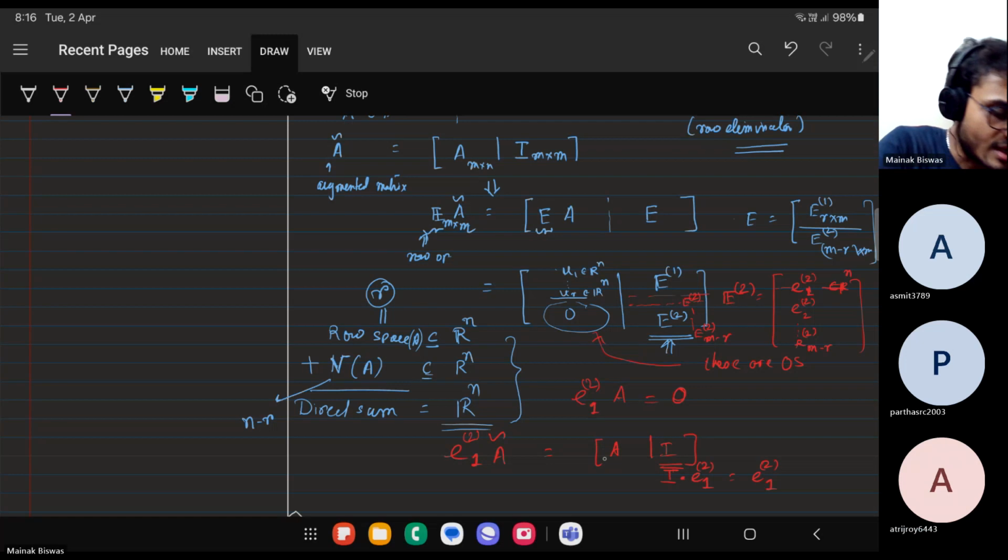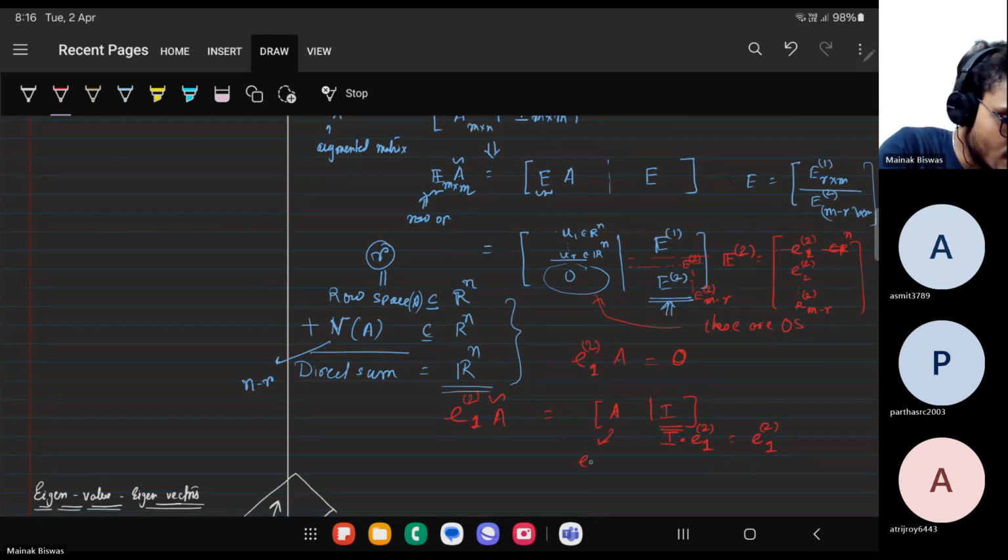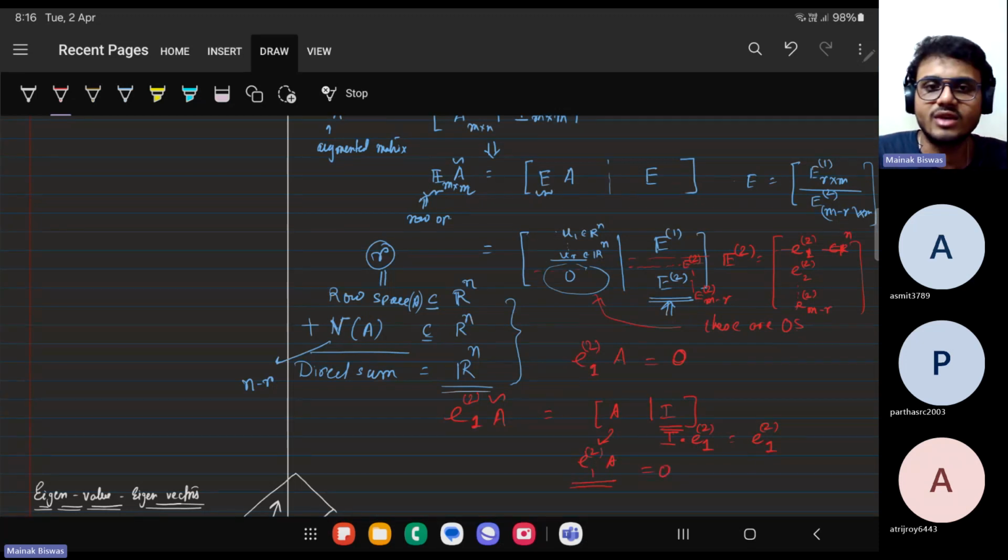And this becomes E21 into A. And that we have seen is equal to 0, right? After we have done elimination. We have seen this. That's how we have constructed this matrix. Yes or no?